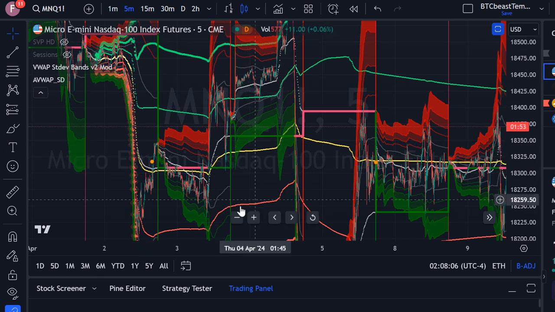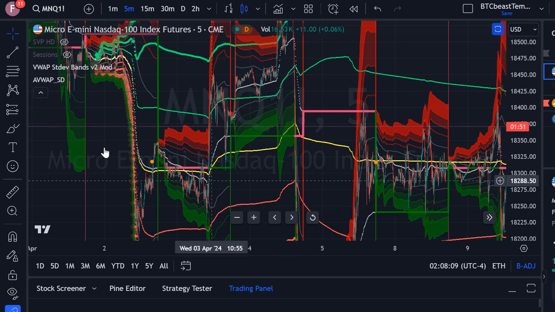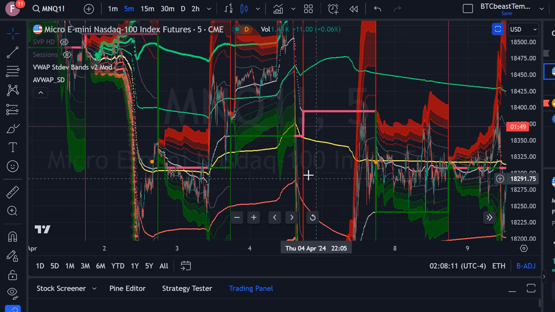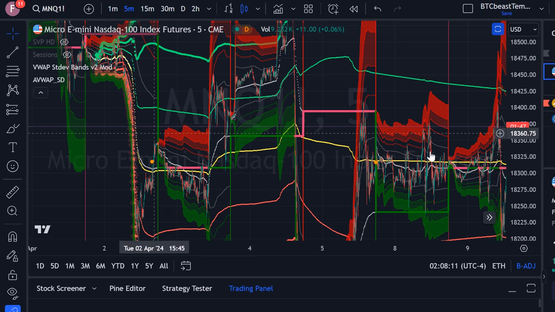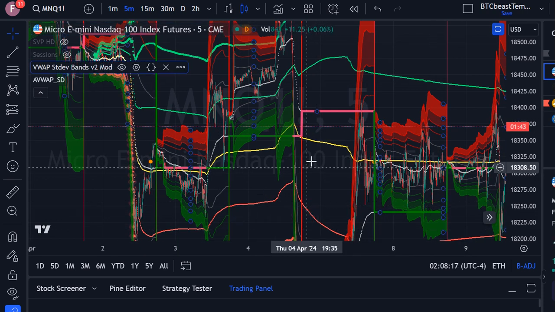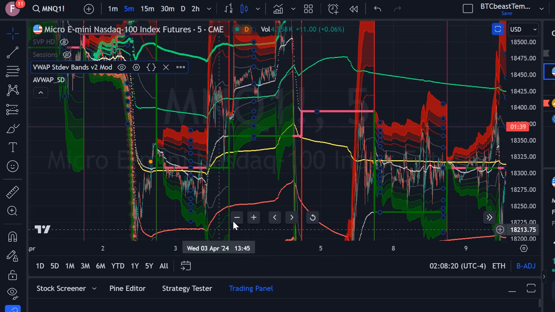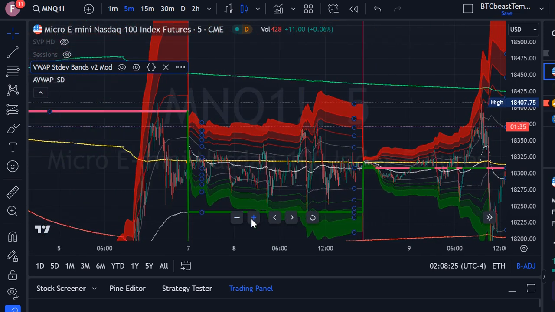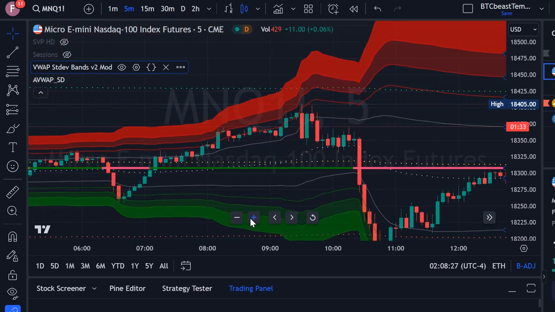And that goes all the way back to last Sunday. And I have to re-anchor that every Sunday. So these standard deviations are much wider, so we can get a higher time frame, a bird's eye view perspective of what's going on. It goes all the way back to the last Sunday, but I'm not going to go that far. Let's just take it back to where we were.